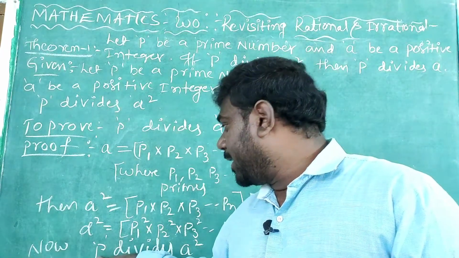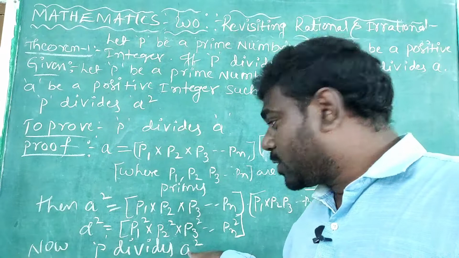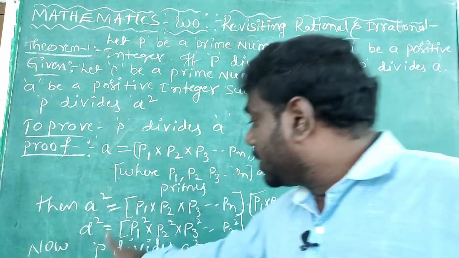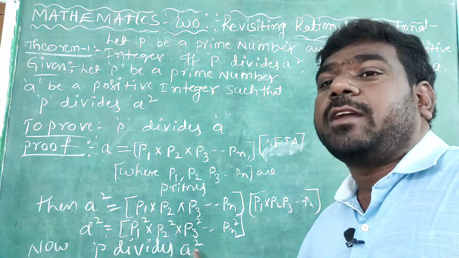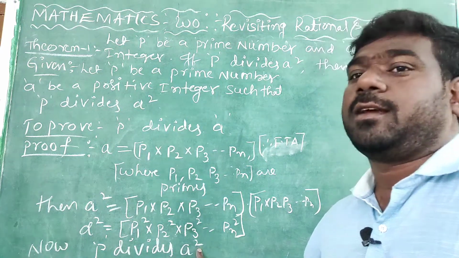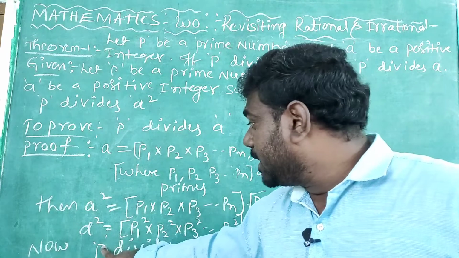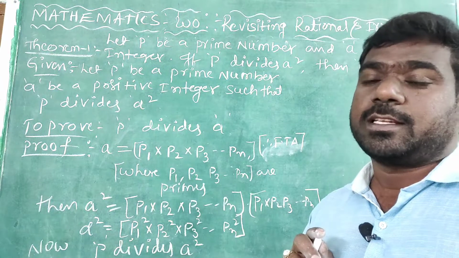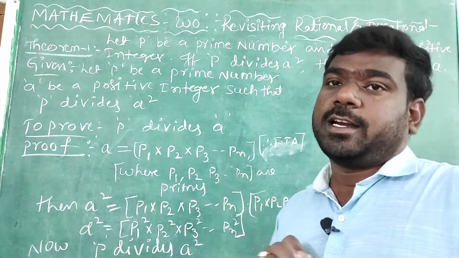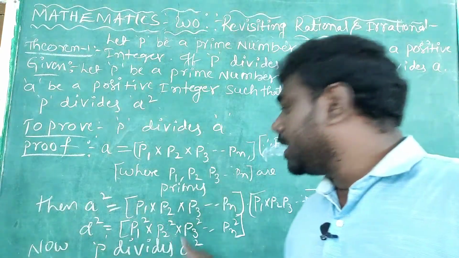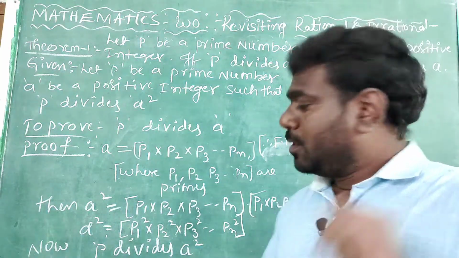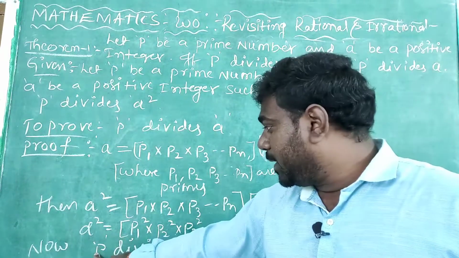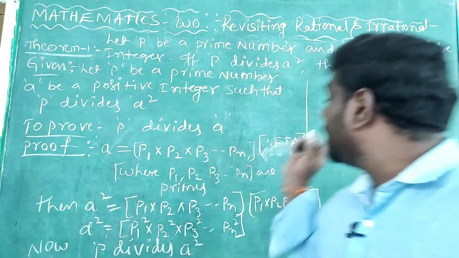If P divides A square, this P should be one of the prime factors of A square as well as one of the prime factors of these factors. Understanding? This is the condition. Then only P divides A square, otherwise no.